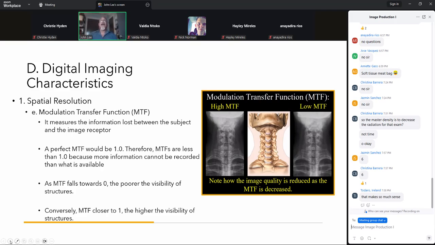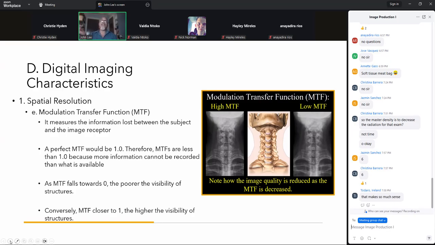Okay. An MTF of 1 is perfect. That means if we did a lateral of a hand or my hand here, we would be able to see the skin, the nails, we would be able to see the hair, we could see the wrinkles in all the skin, everything, along with the bones, the vessels, the tendons, the ligaments. We don't have that luxury with X-ray in our imaging. We only get a portion of the anatomy in our images.